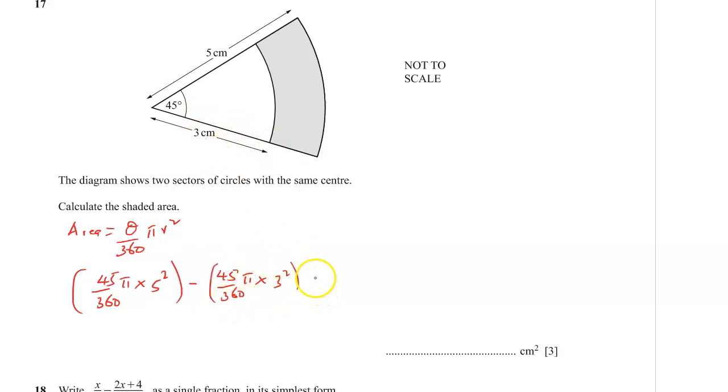When you calculate, this one is 9.82. Take away this one, 3.53, and you'll get 6.29. So the answer is 6.29.